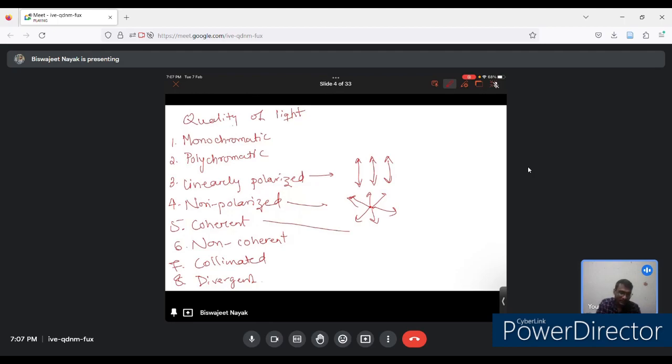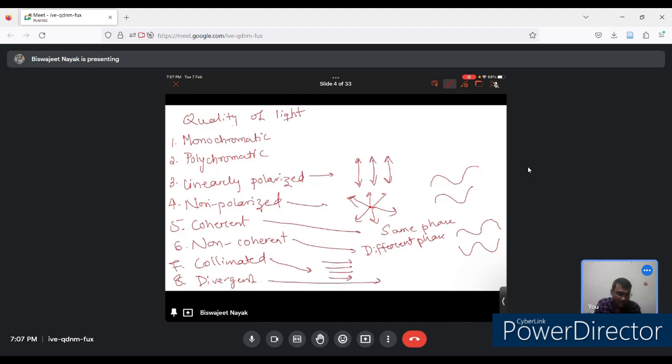Coherent light has waves in the same phase, but in non-coherent light they have different phases. In collimated light all the waves have the same direction, but in divergent light, as the name suggests, the directions are diverging, outward or inward.